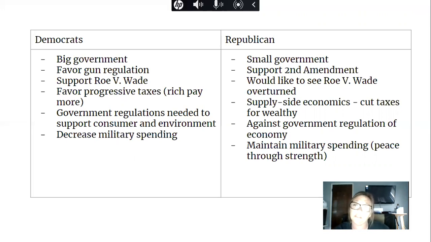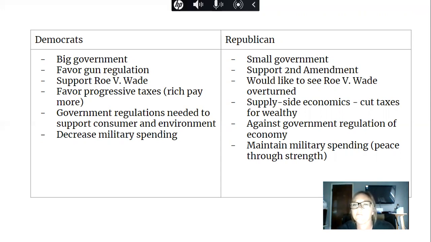They would prefer government regulations on the environment and the economy, just to ensure that they're supporting consumers. And then a decrease in military spending, not because they don't believe in national security, but Democrats would tend to think that if we spend so much on national defense and national security right now, we could take some of that money and use it in other areas that would maybe be more beneficial, or at least that's the thought behind it.